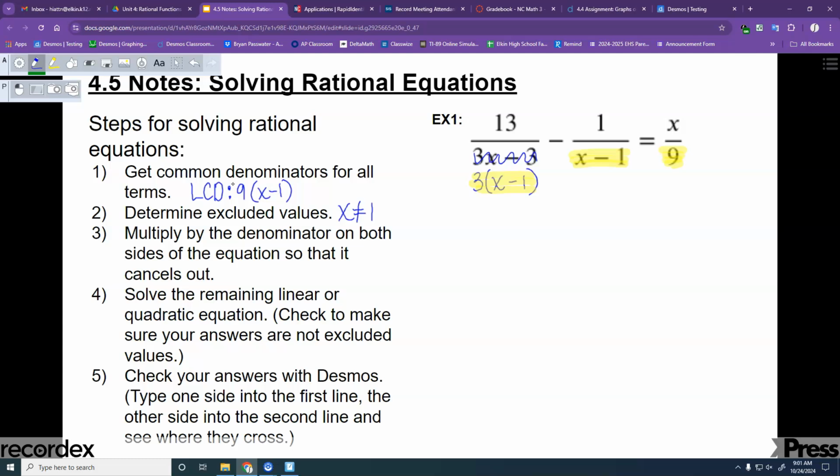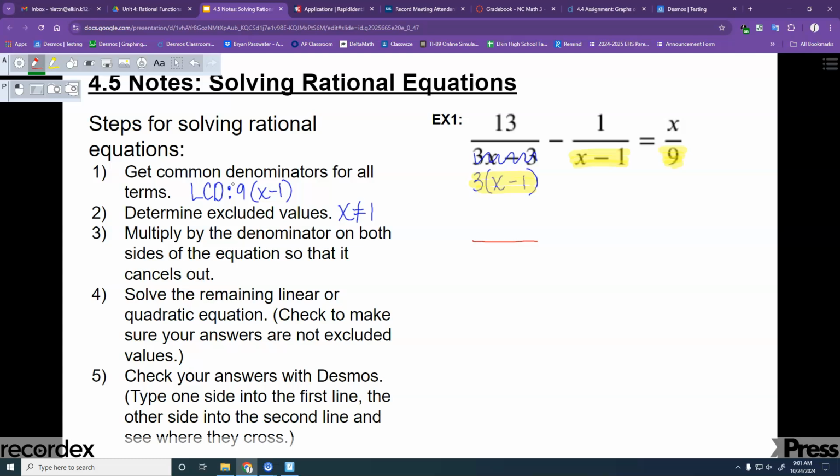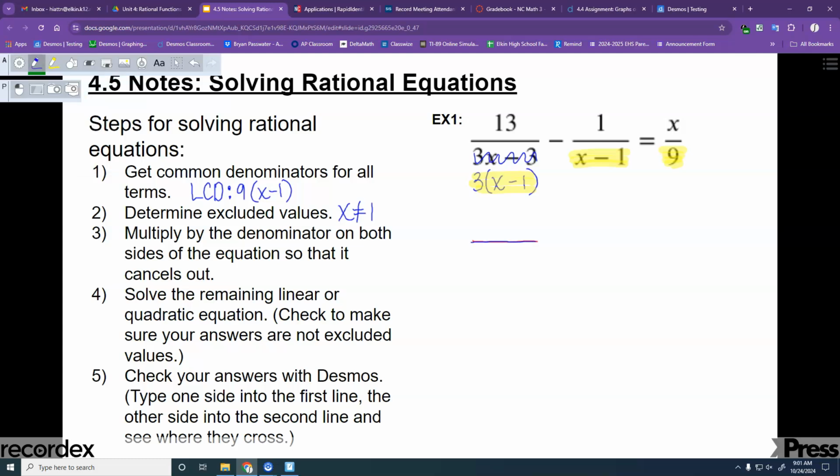All right, so we need to get common denominators. To do that for this problem, I need all of my denominators to be 9 times x minus 1. Oh shoot, I don't have an eraser. 9 times x minus 1 and 9 times x minus 1.